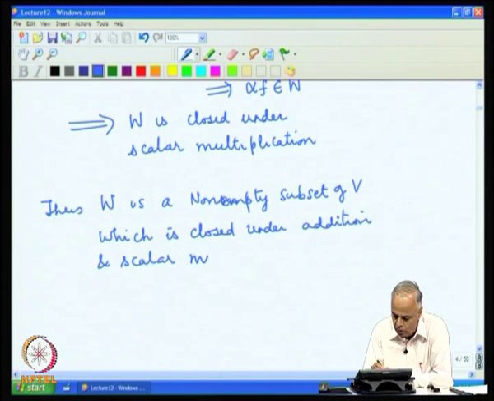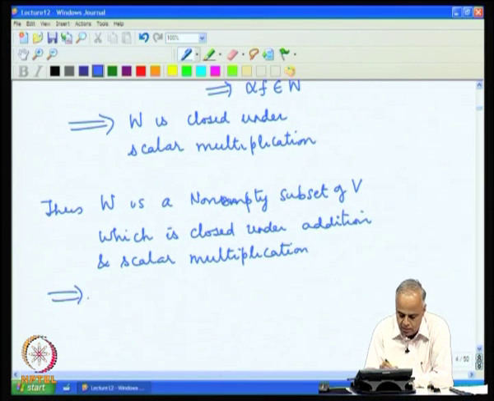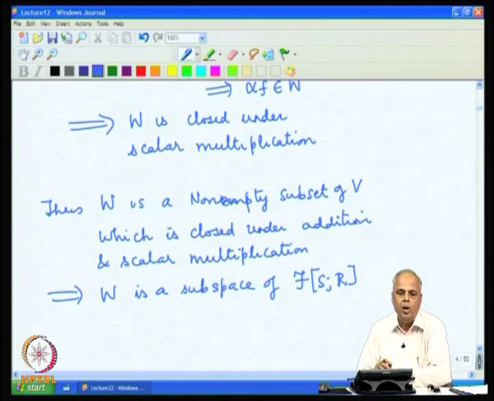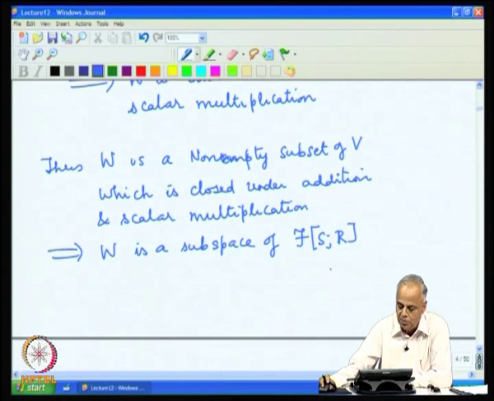And these are the qualifications for something to be a subspace of V, and that says W is a subspace of F. Our vector space was F S R. So, the collection of all functions from S to R which vanish at that point S naught is a subspace.